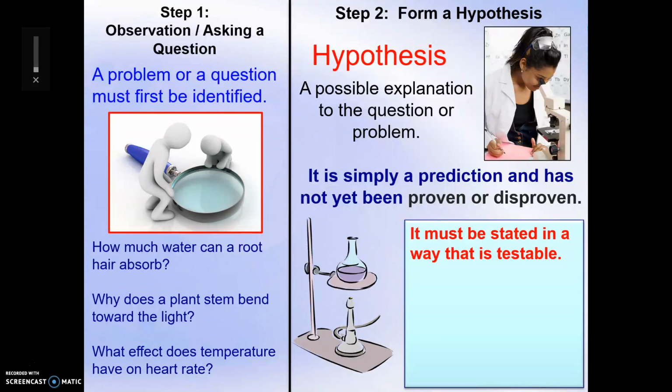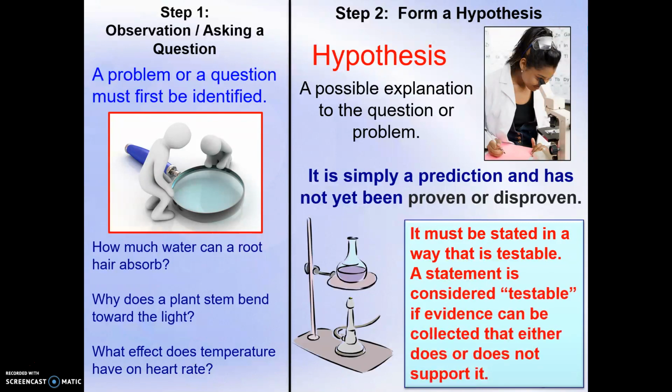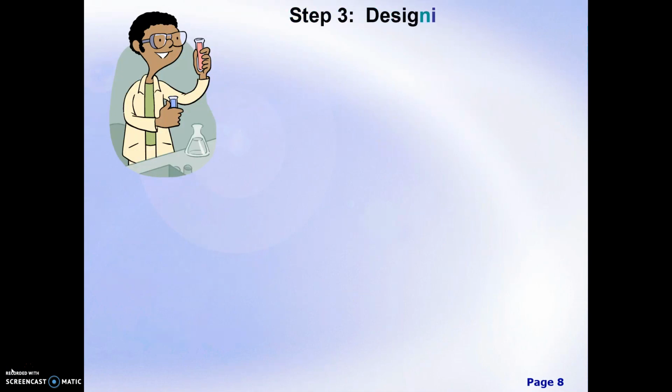A hypothesis can't just be a question. We have to have a way that we can test it. And it's considered testable if evidence can be collected that either does support it or does not support it. So we have to be able to decide one way or the other. Remember, go back and pause if you need to.